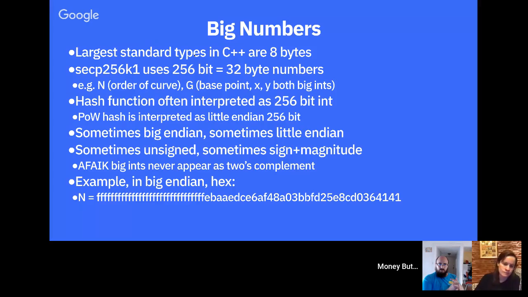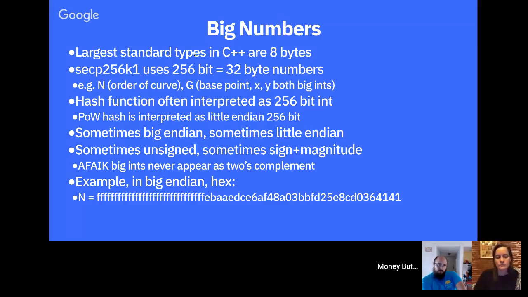And we also have things like hash functions, which are often interpreted as a 256-bit number. So even though that has nothing to do with elliptic curves, when we compare the proof of work of one block to another one, we actually interpret that as a number, and we want to look for lower numbers.